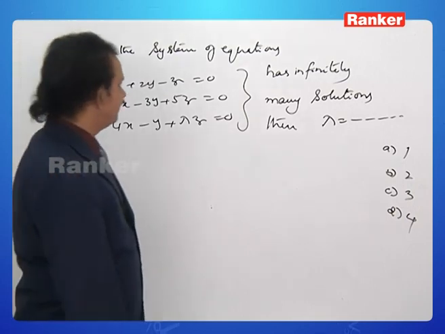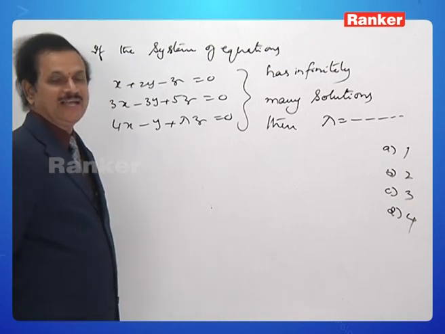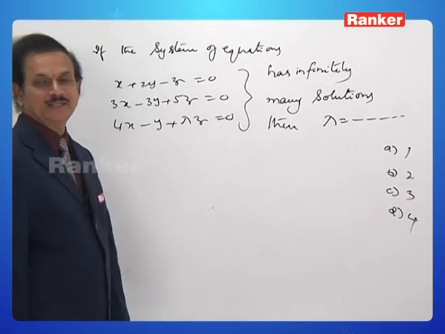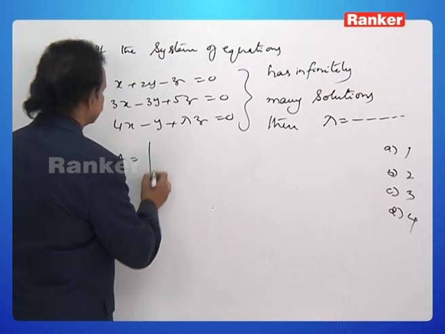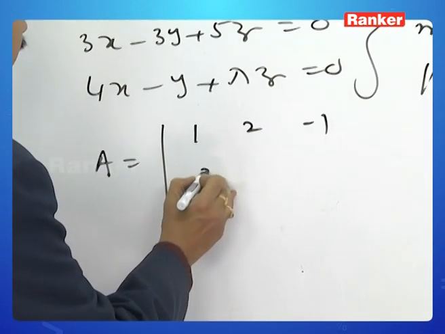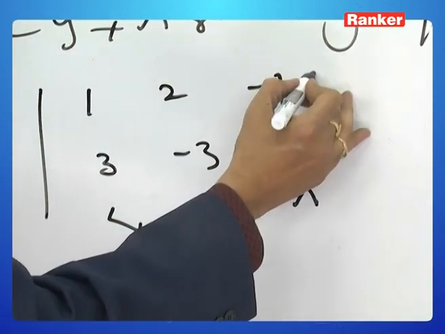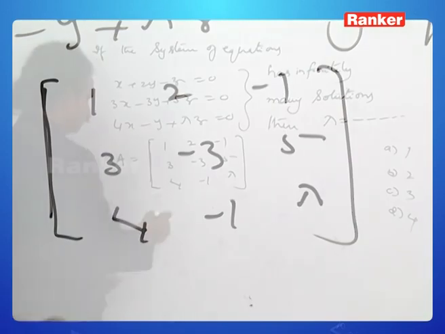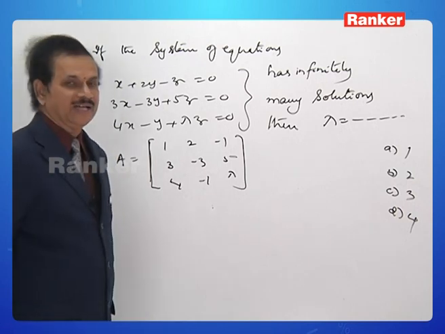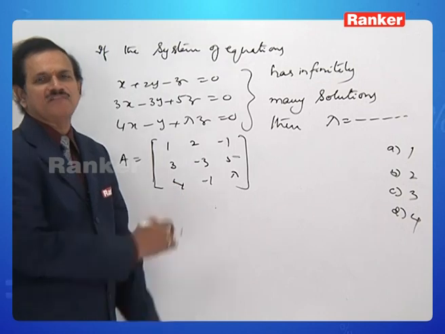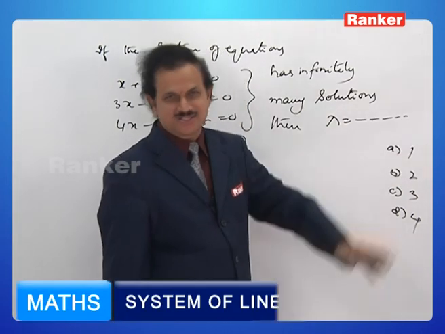He himself has given that this system has infinitely many solutions. What does it mean? Rank of the coefficient matrix is less than 3. But what is the coefficient matrix here? What is the type of this matrix? 3 by 3. He is saying that rank of the coefficient matrix is less than number of variables. Who told you? Because it has infinitely many solutions, isn't it?